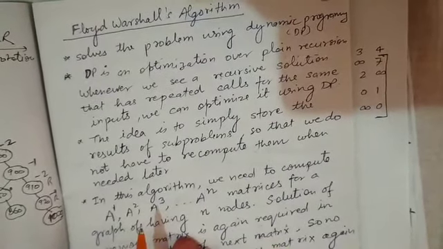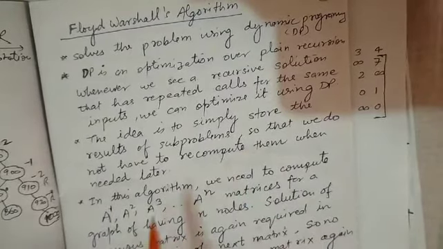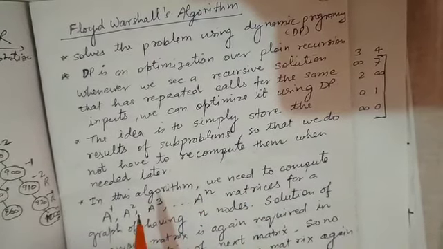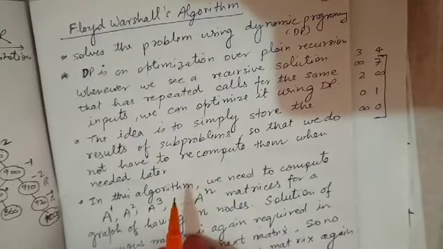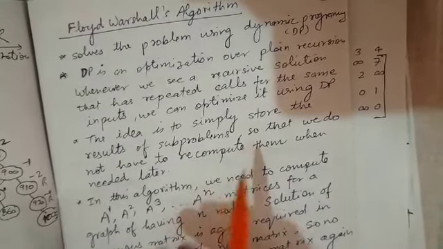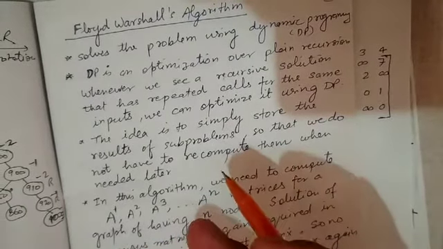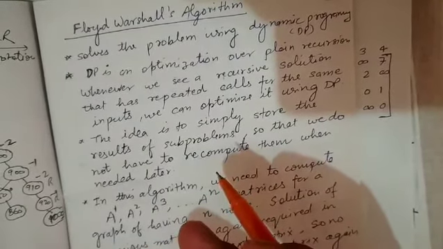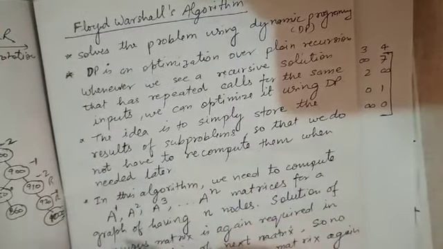So instead of calling the same recursive function for the same input again and again, we save the results of the previous calculation, and that saved result is directly used in the next iteration to find the optimized solution. This is what we do in the Floyd-Warshall algorithm.